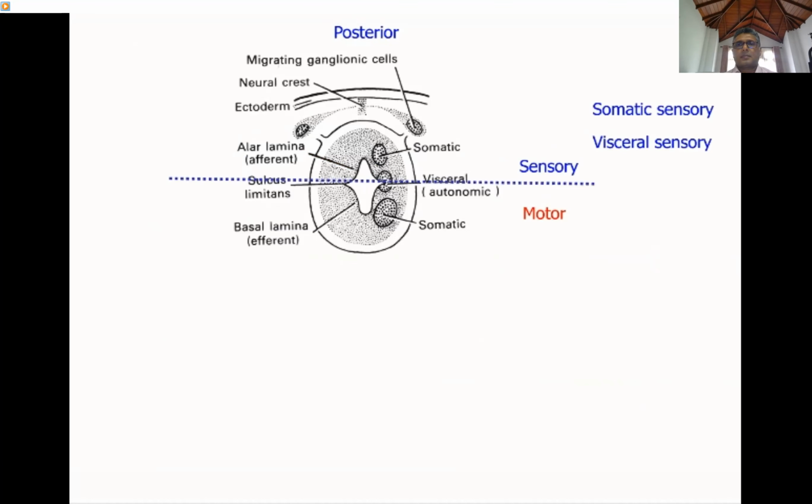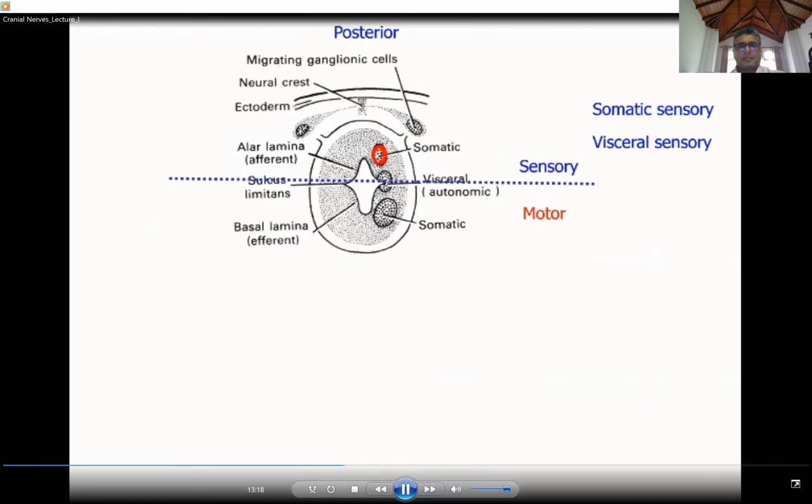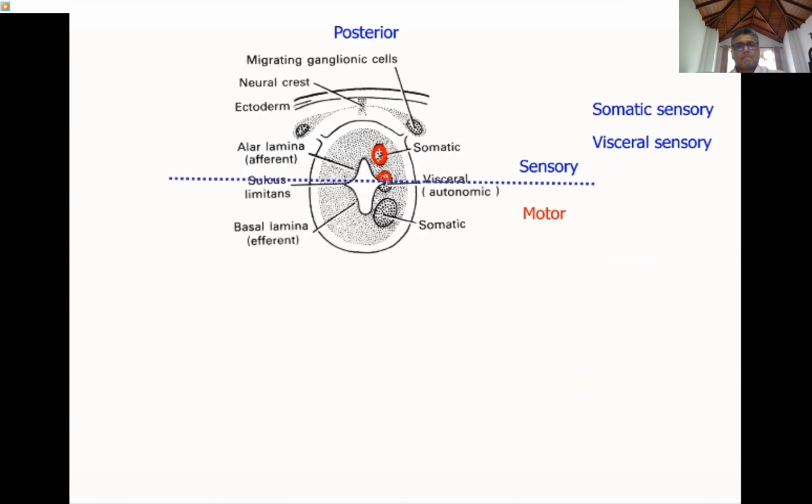In the posterior half, which is the sensory half, further behind you get the somatic sensory nerve cell bodies, and in front of it there are visceral sensory cell bodies.